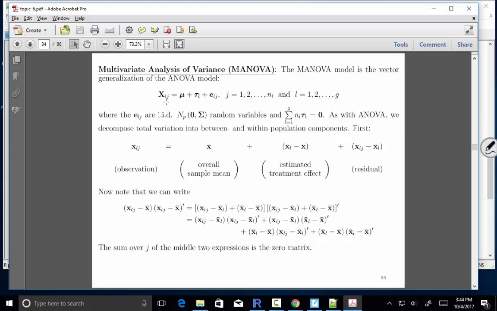Multivariate data, so this is a vector. Every observation is a vector. We write this analogous to the univariate ANOVA model as an overall mean vector, mu, plus a treatment L effect, tau_L, a vector, and a random deviation vector.